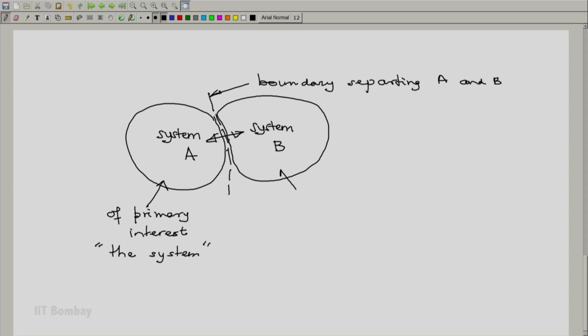This could be the primary system and the secondary system. So we may call the two systems system A or system B, or the system of primary interest, or simply the system. System B could be the secondary system, but quite often the secondary system is given the name surroundings.